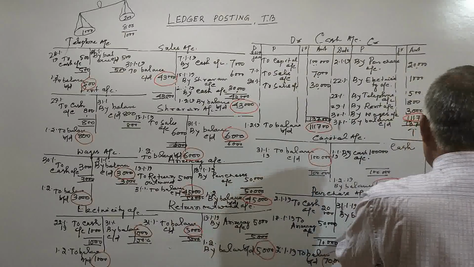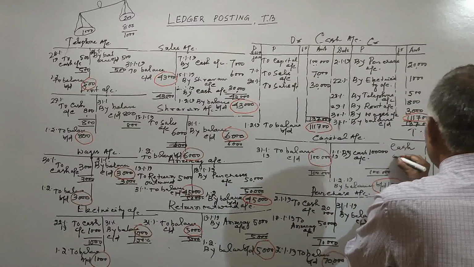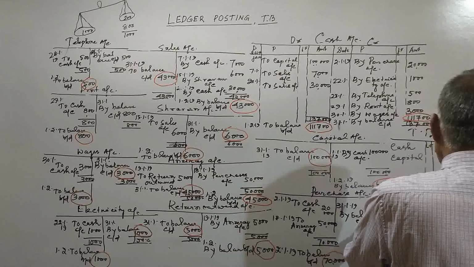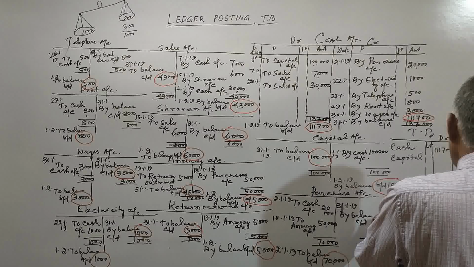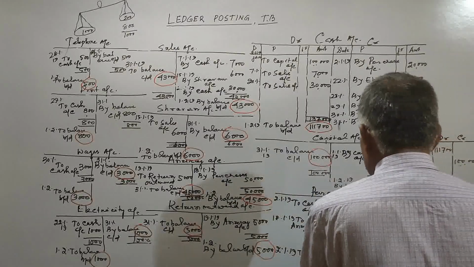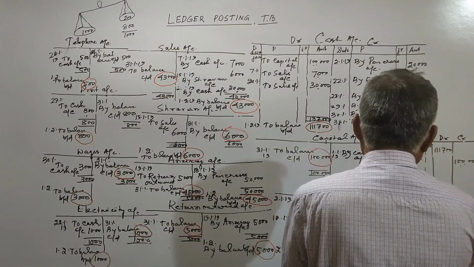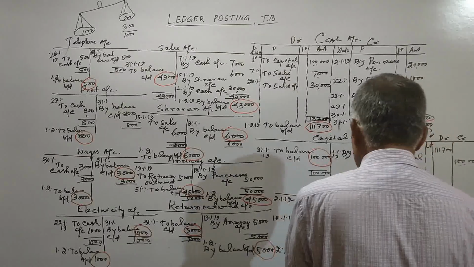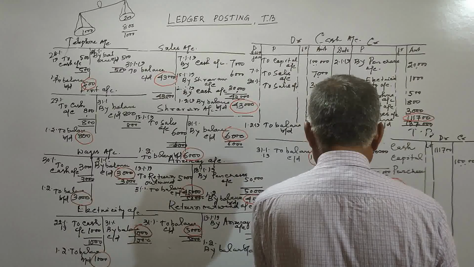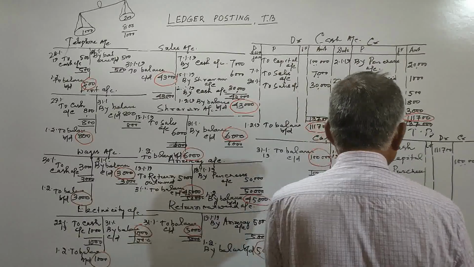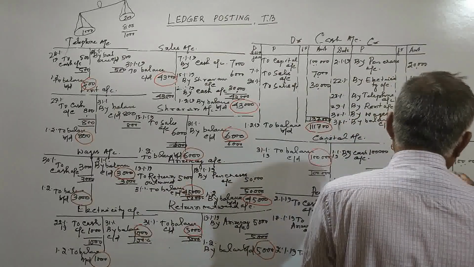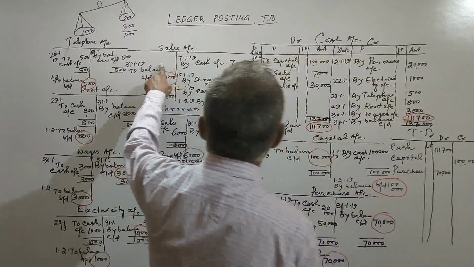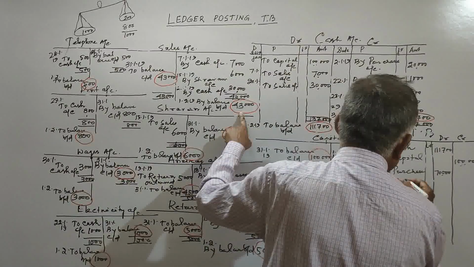Capital credit, BD is credit side, so capital 1 lakh, you can write 1 lakh here. Purchase is debit, 70,000.